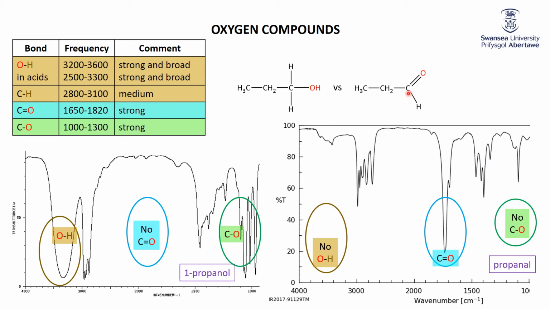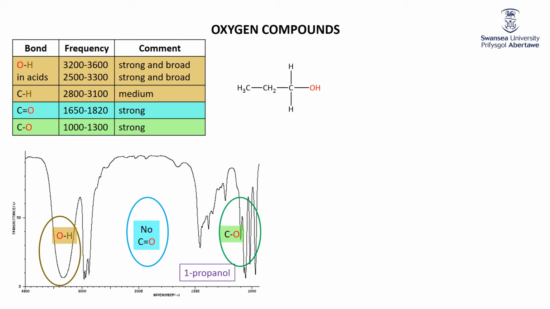Okay, so these two spectra here, really I don't need to go any further, although of course I will, because I love the sound of my own voice, but this really shows what it's all about. How do we look at compounds that contain oxygens and say what's there? OH, CO single bond, CO double bond, or what's not there? No CO double bond, no OH bond, no CO single bond.